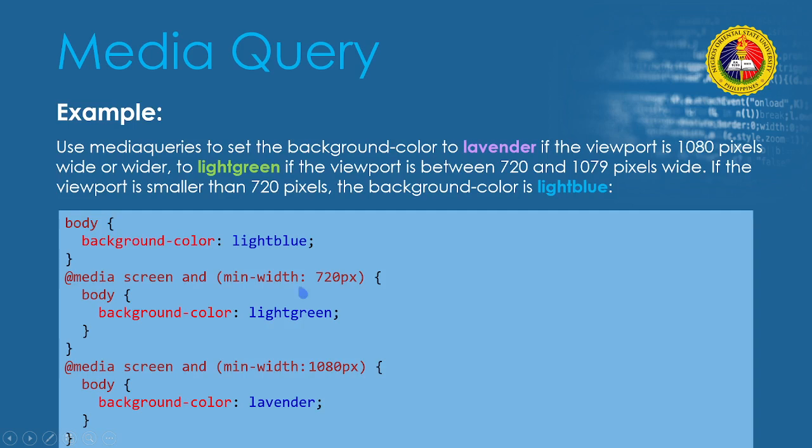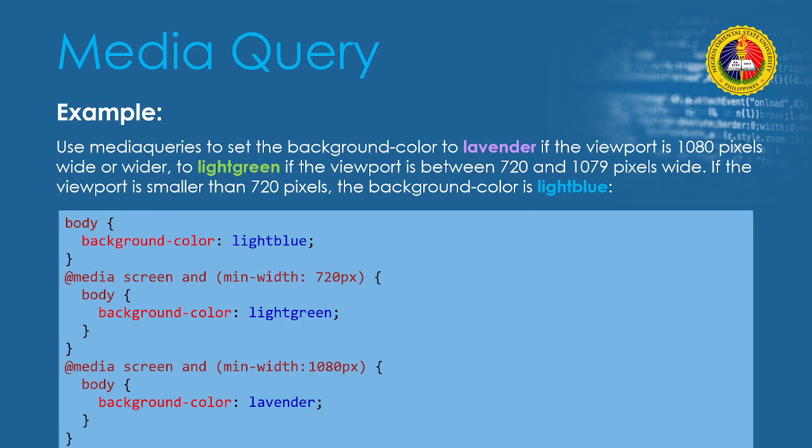All right, so let's try. Let's have an example. We will use a media query to set the background color to lavender if the viewport is 1080 pixels wide or wider. Then let's change the background color to light green if the viewport is between 720 and 1079 pixels wide. If the viewport is smaller than 720 pixels, the background color is light blue. Okay, so we're going to copy this code. So again, here are our media screens.